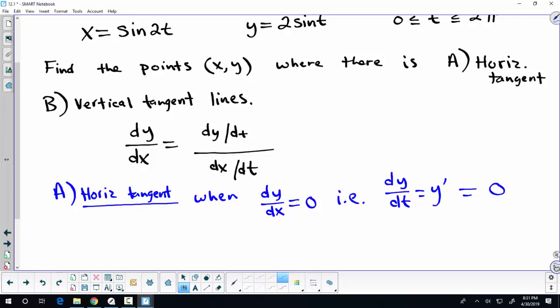Is that quotient 0? No. So we have to be a little bit careful. We have to say we've got a horizontal tangent line when dy over dt is 0, but dx over dt is not 0.